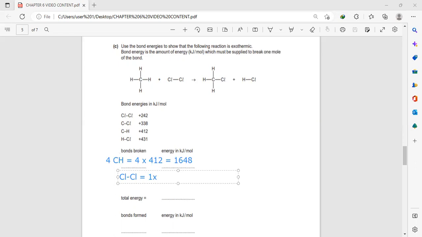Total energy 1648 plus 242, 1890 kilojoule per mole. Now we are going to check bond formed.